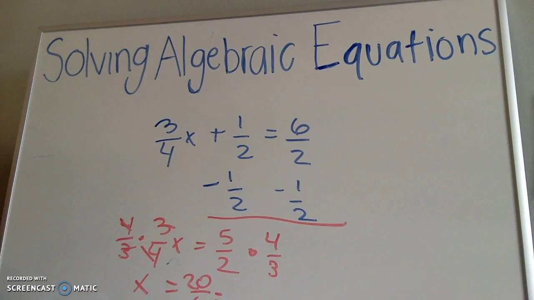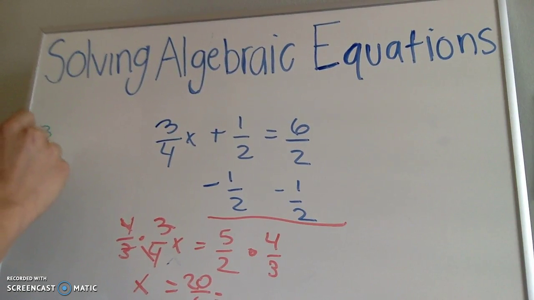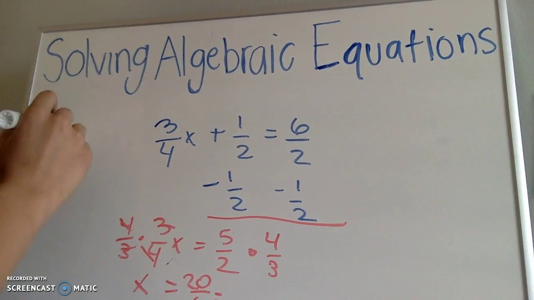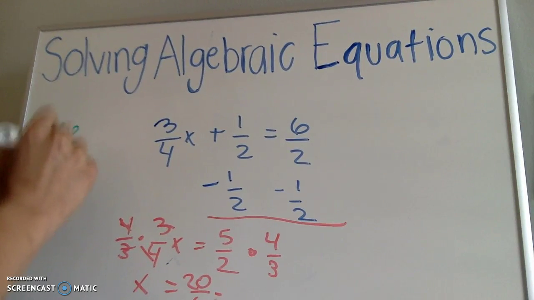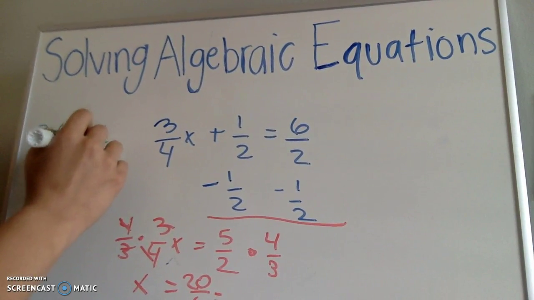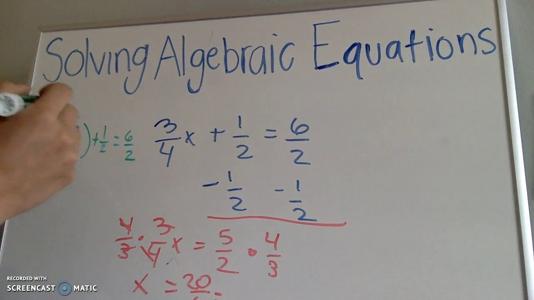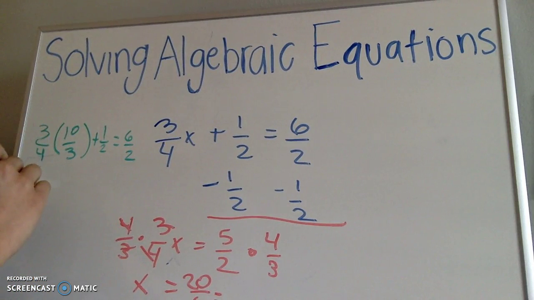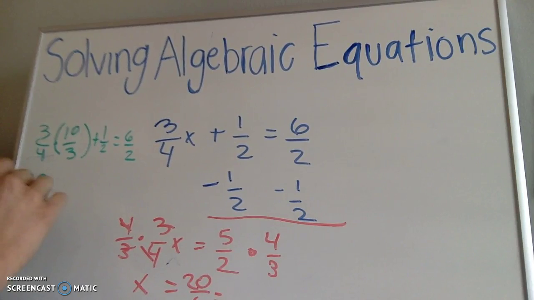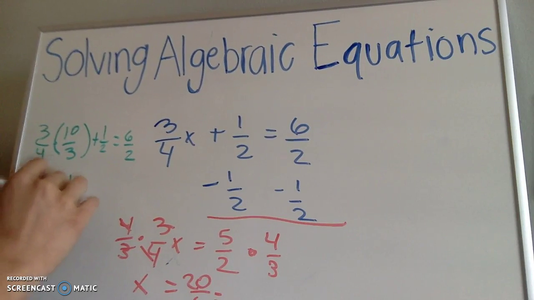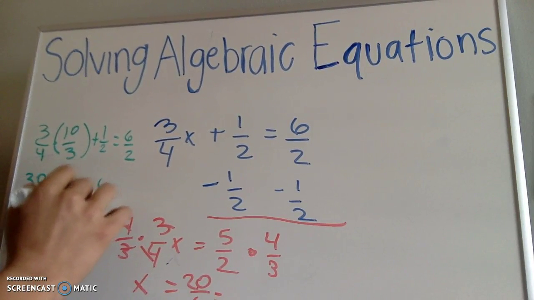And we can check our answer this time by plugging 10/3 into x, so 3/4 times 10/3 plus 1/2 equals 6/2, which then, when you multiply these, you get 30/12 plus 1/2 equals 6/2.